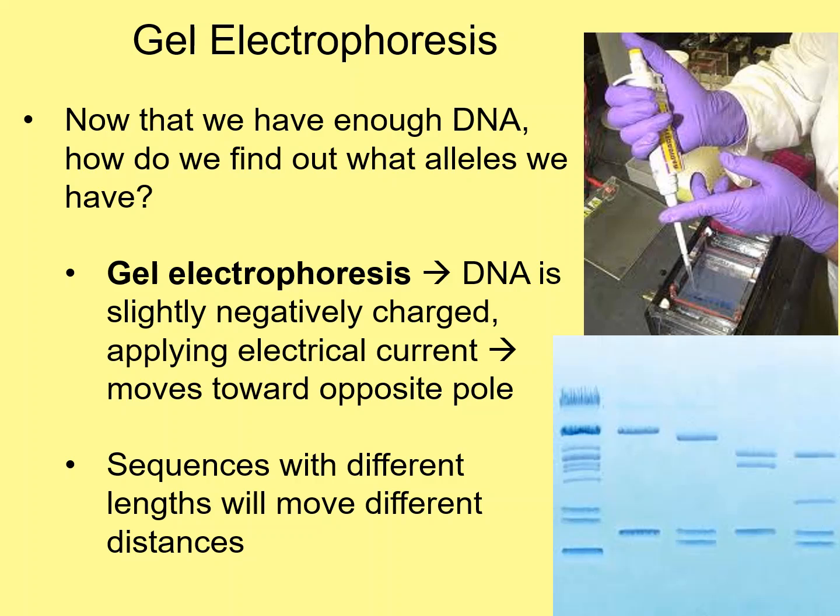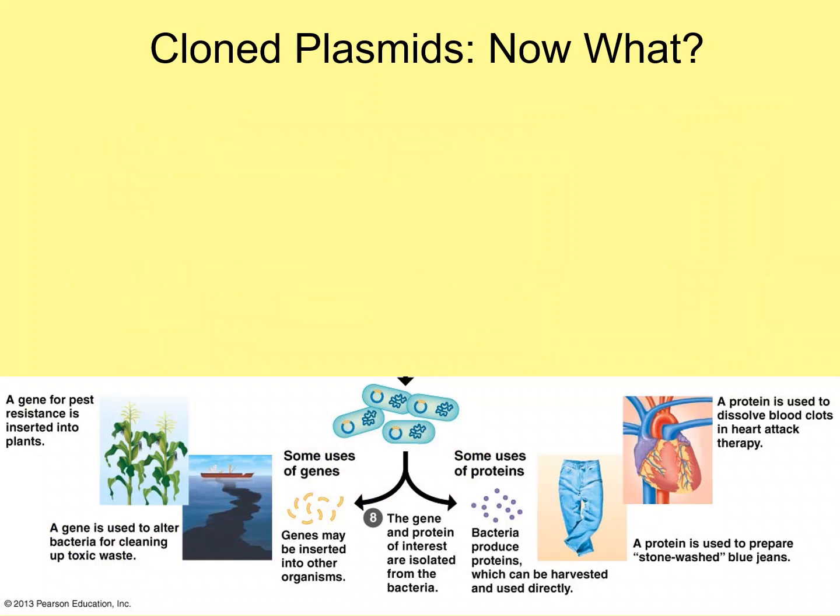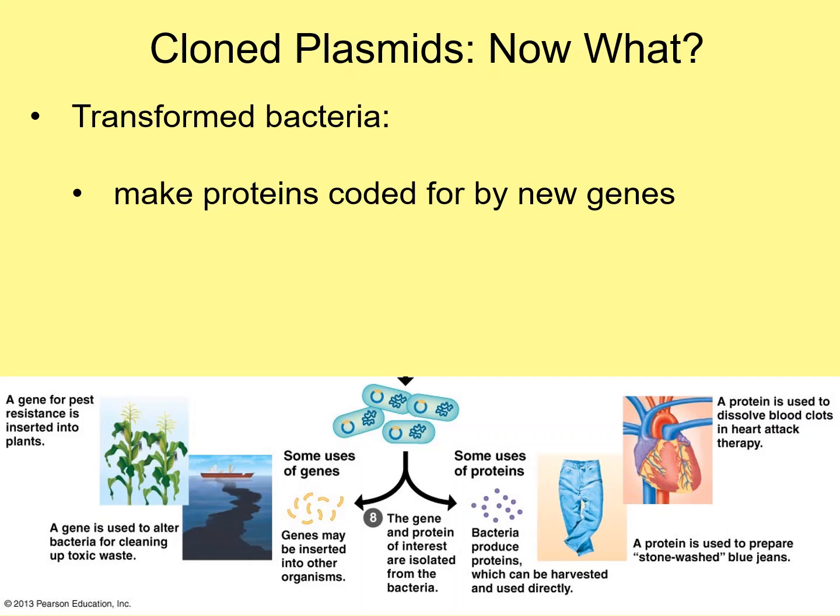And the question, of course, then becomes, well, now what do I do with it? What can I do with that? I've got a bunch of copies of a gene. And the answer is, well, what can't you do with it? You can take all of your copies of your gene and put them in another organism.